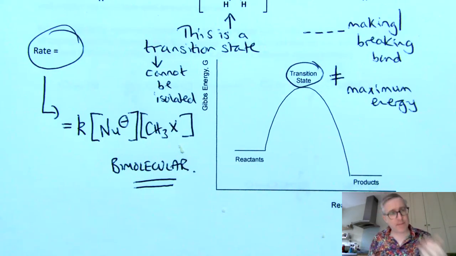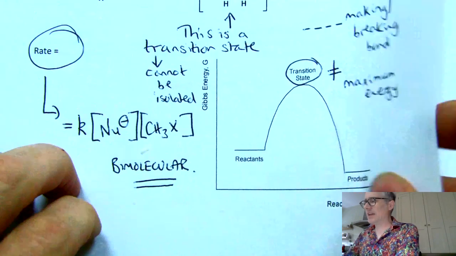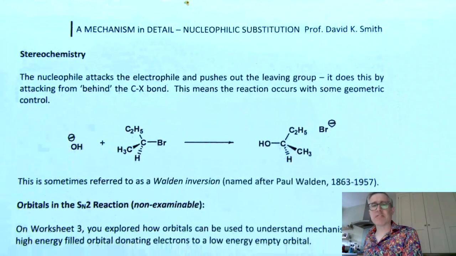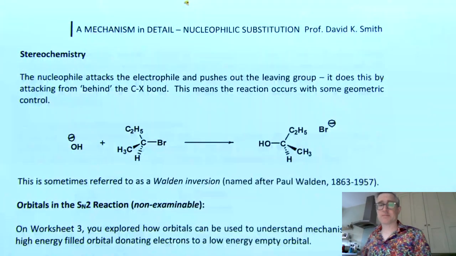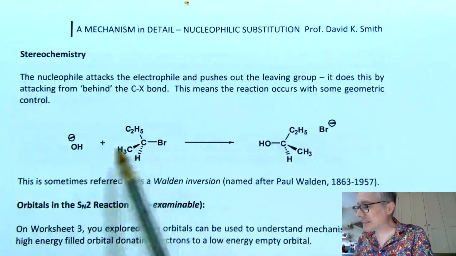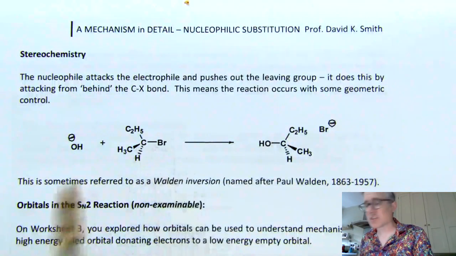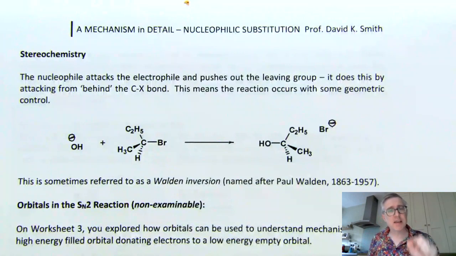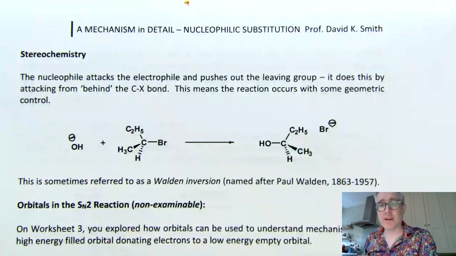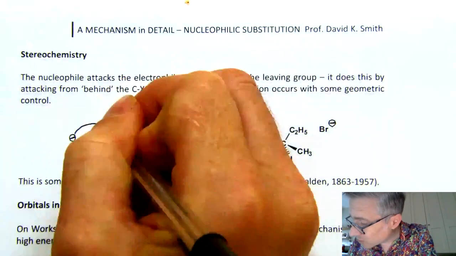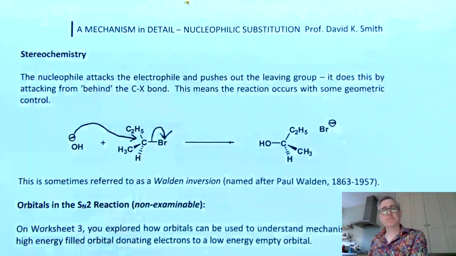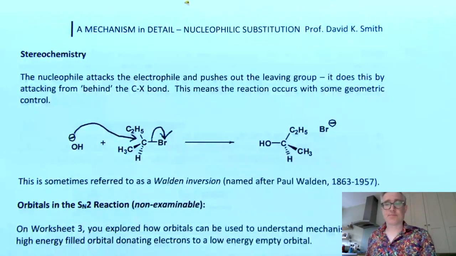So let's think about one of the implications of this mechanism in a little bit more detail then. Let's think about the stereochemistry of the process. The nucleophile attacks the electrophile and pushes out the leaving group. And it does this by attacking from behind that carbon-bromine bond. So the OH minus goes in and the Br gets pushed out, just like that.